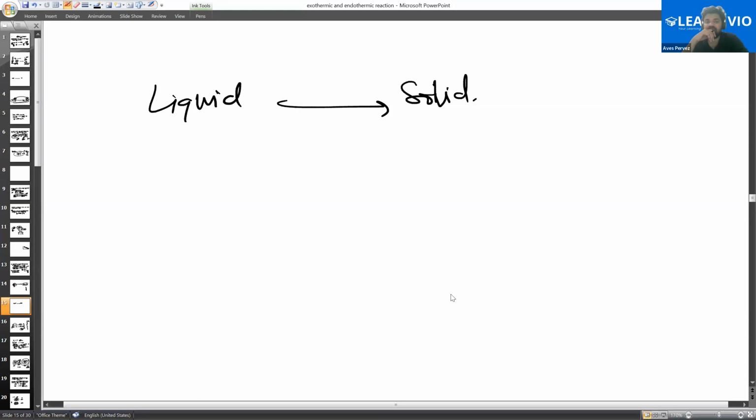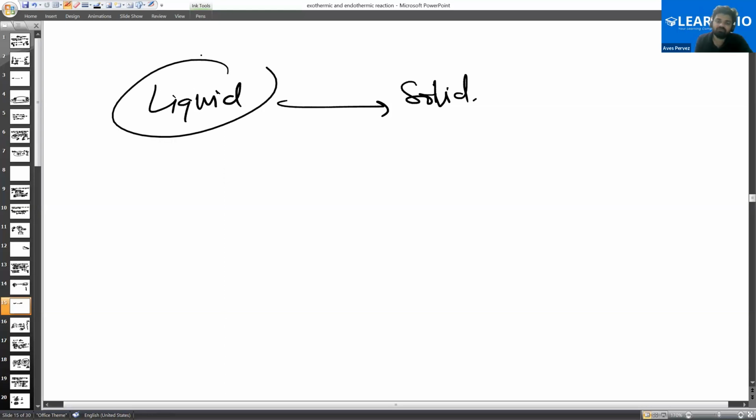Yes, Ryan, is it exothermic or endothermic? We are converting liquid to solid. Sir, endothermic. Yes, sir, is it exothermic or endothermic? Endothermic. It is actually exothermic.